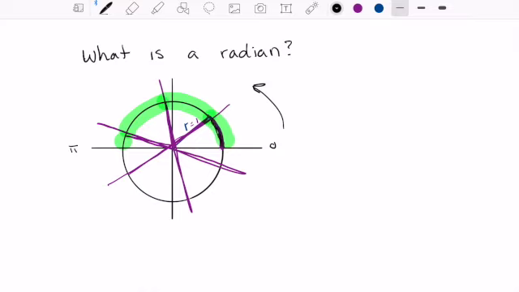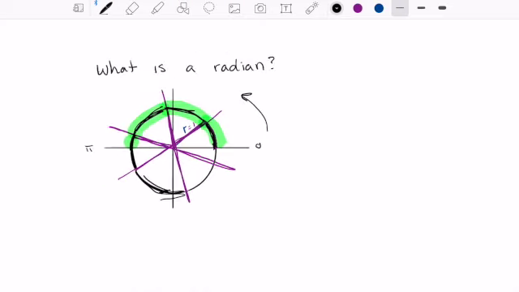So you get 1, 2, 3 radians, and then this distance is 0.14 whatever, so it's pi. Now, as you continue on through, there is 4 radians, 5 radians, 6 radians here, and then this right here gives us 2 pi radians.